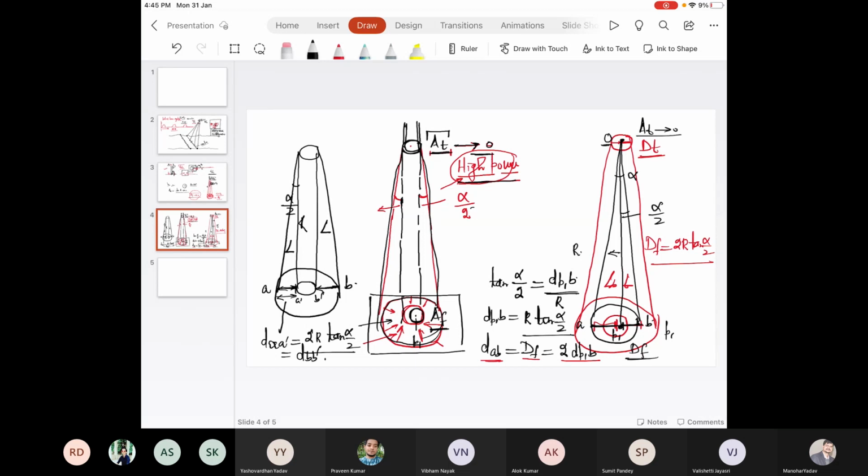So D A A dash plus D B B dash, the length of this segment plus this segment, is equal to 2r tan alpha by 2. As the area tends to 0, this will be the actual shape, the first one.